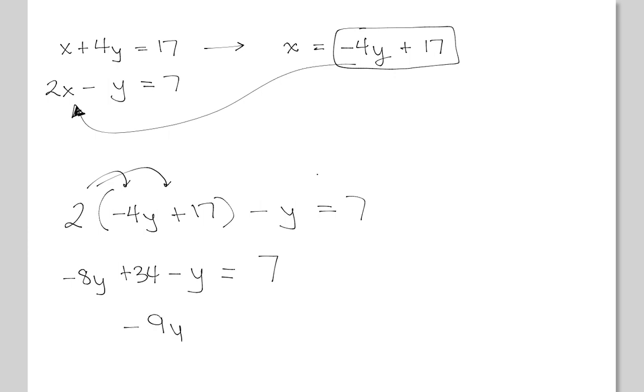Negative 9y. So that 34 has to move, right? To the other side as a minus 34. 7 minus 34. Negative 27. You guys get that negative 27? Okay, because you have to subtract 34, subtract 34.